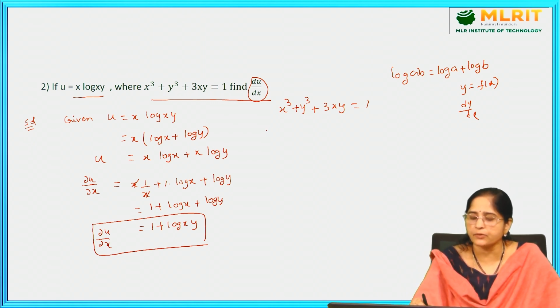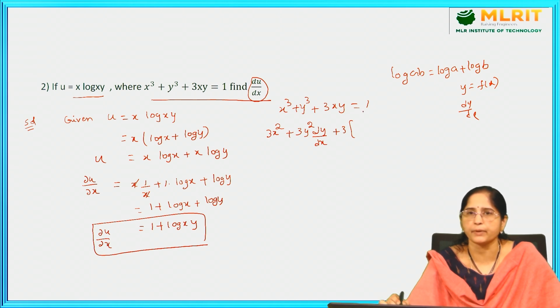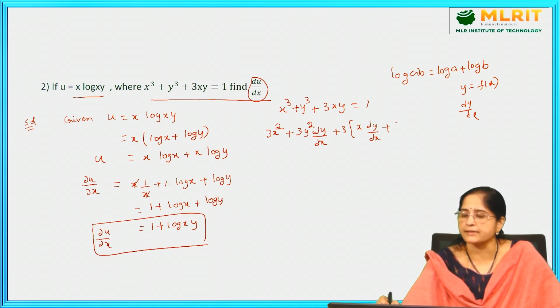Derivative of x cube is 3x square. Derivative of y cube is 3y square into, again, derivative of y, which is dy by dx. Plus 3 into, here x and y are two functions, we can apply the UV rule. x into derivative of y, dy by dx, plus derivative of x, 1, into y.